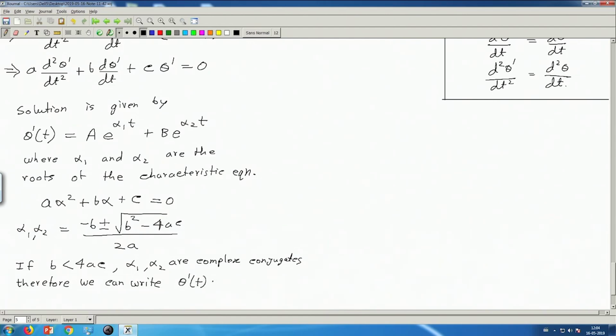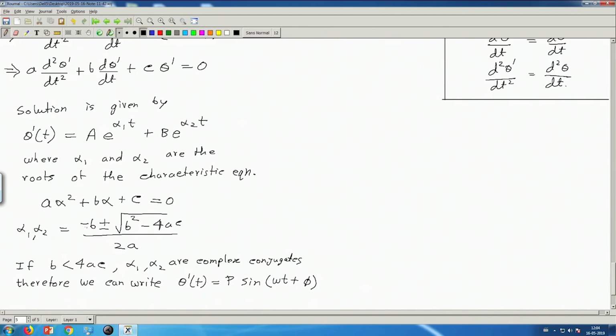So this will be of the form some constant, let's call it p, times some sine of omega t plus some phase phi.